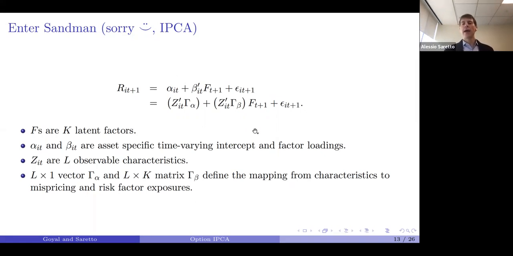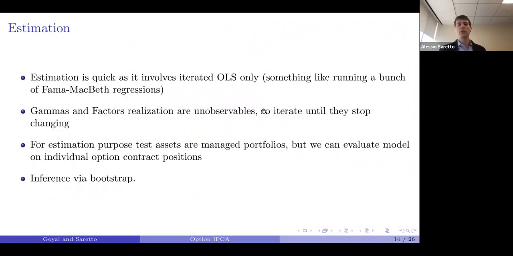The problem is the factors are unobservable. So what you're going to do is iterate, think about it as some sort of fixed point problem. You keep running these regressions. You start with an initial set of factor realizations, and then you keep iterating until both the factors and the gammas converge.